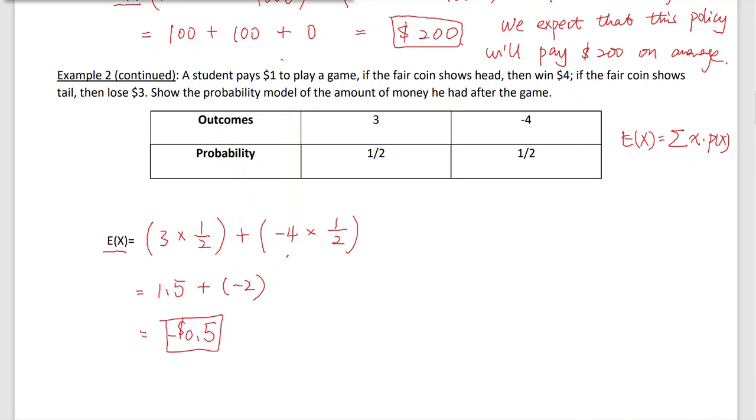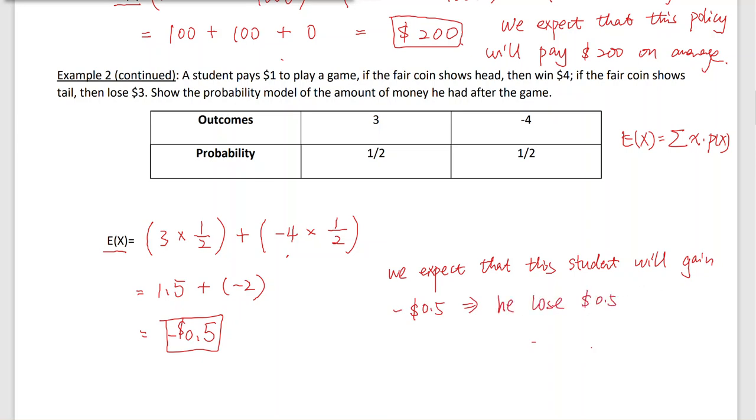That means if this student keeps playing this game for a long time, many times, we expect that this student will gain -0.5 dollars, which means he will lose $0.5 on average.